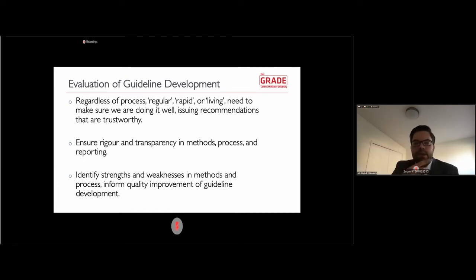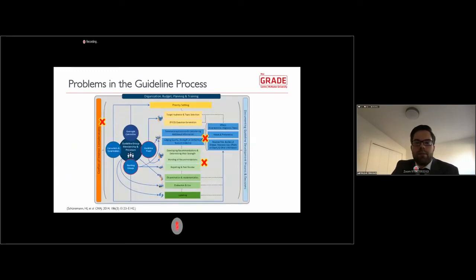An example that was mentioned in terms of evaluating the guideline panel composition falls into this topic of overall evaluation of guideline development. So we know that problems may arise during the guideline development process. For example, a guideline group may collect disclosures of interest, but conflicts of interest still make their way into the panel discussion during formulation of recommendations because the conflict of interest wasn't managed well.